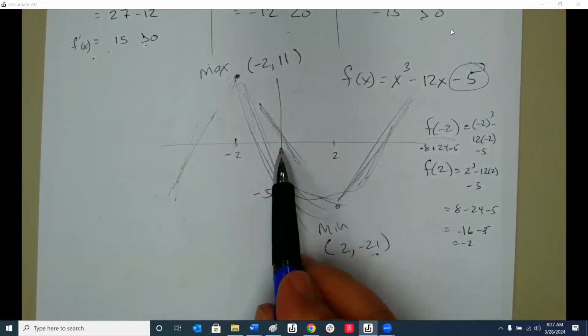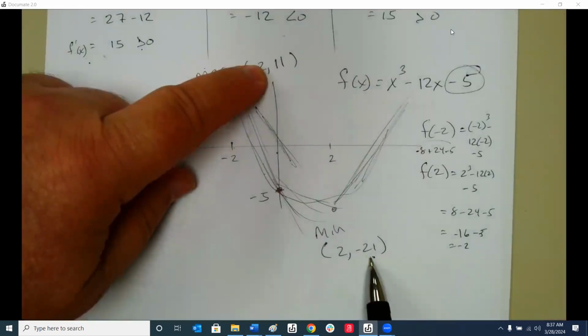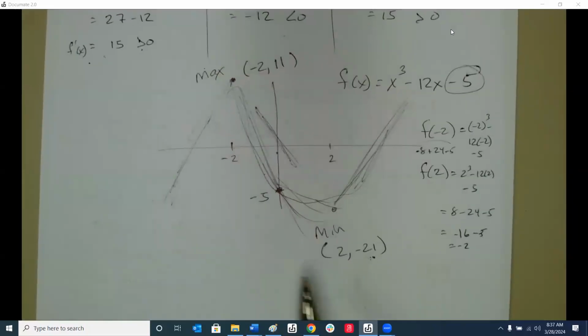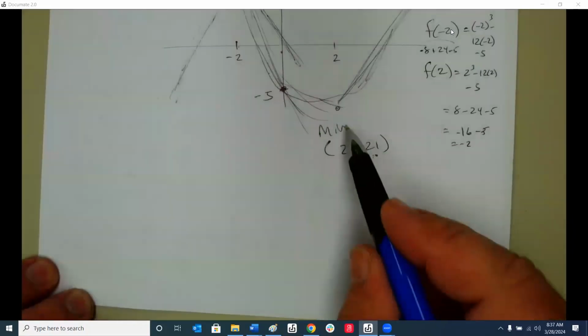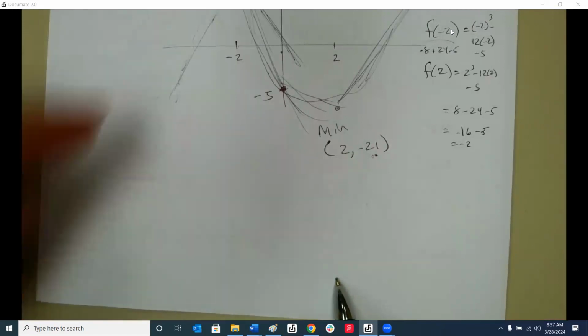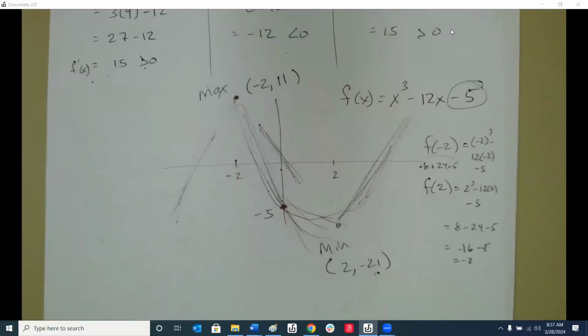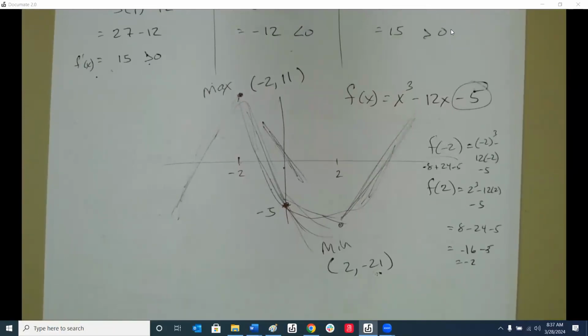That's the reason it doesn't cross through the origin, because the y values are not equal. Since this one's really farther down here, between those two, that's where it crosses. So far, so good. Let's look at example 2.